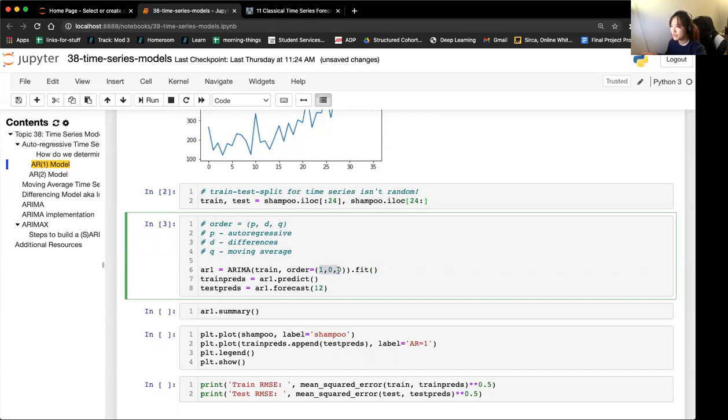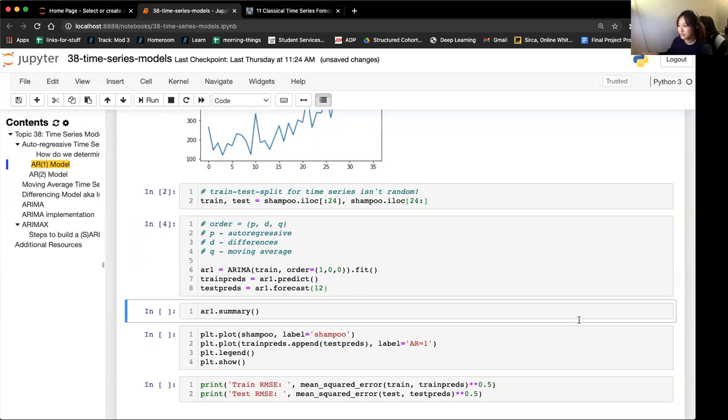The order being 1, 0, 0 just means that I want one autoregressive term because I'm doing an AR1 model to start. And I'm not going to care about differencing or moving averages just to start. I'm going to fit the model. You can get the training predictions through the .predict, and then you get future predictions using the forecast. Let me just run this.